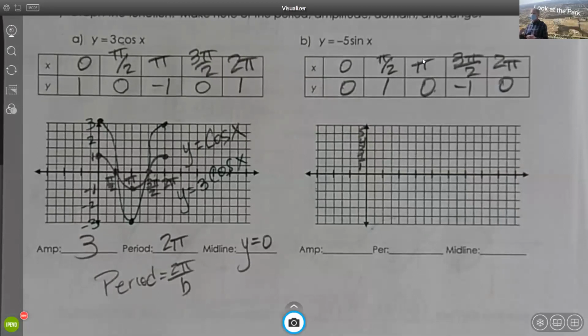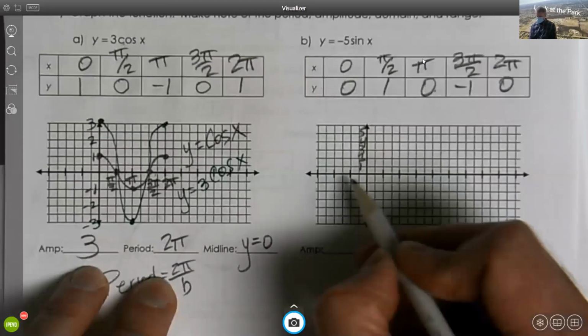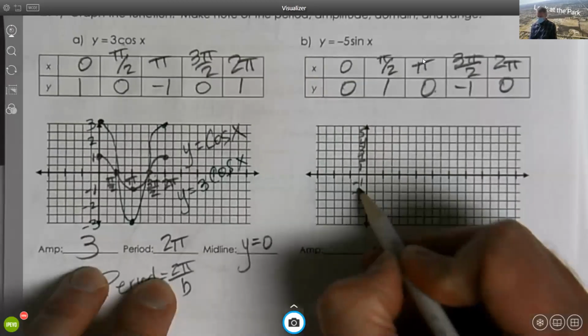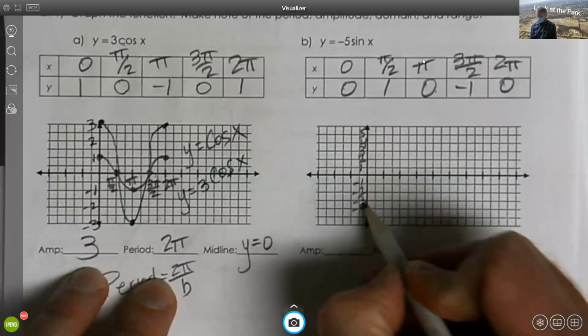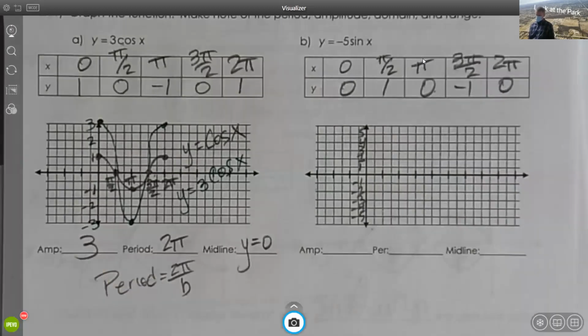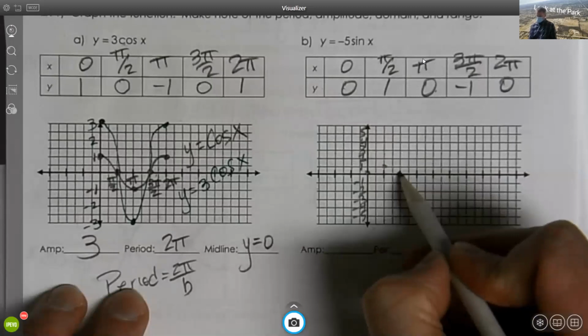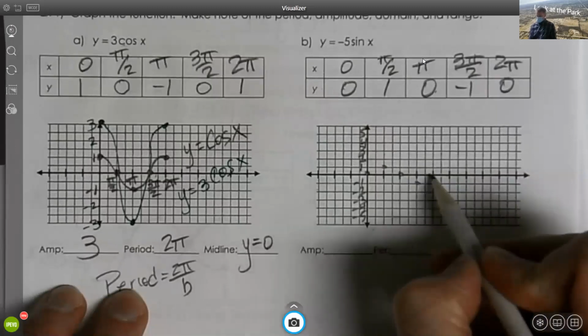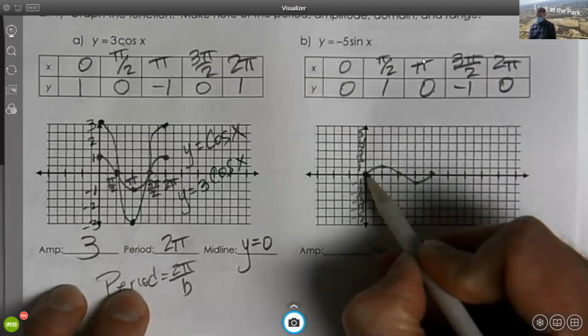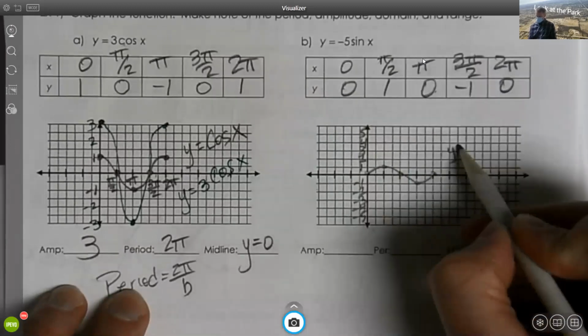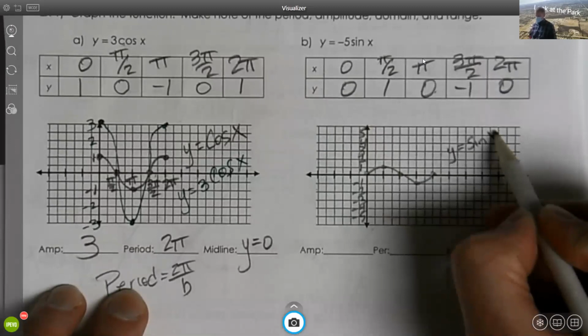So I don't have room to count by twos. So we count by ones on the way up and I count by ones on the way down. So we're at 0, up to 1, back to 0, to -1, back to 0. So that's our graph y equals sine of x.